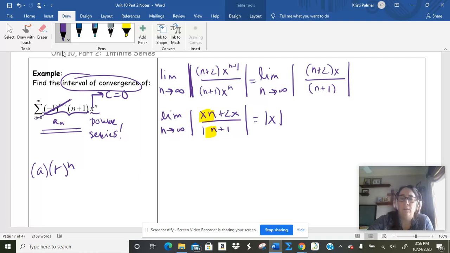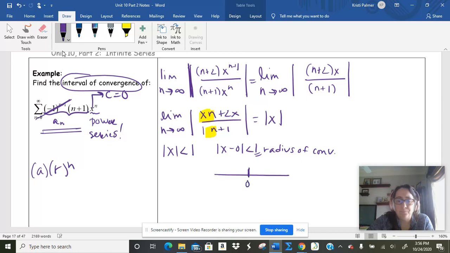So we know that we're looking for where it converges. We are centered at 0, so I know that this guy is my radius of convergence. So I'm centered at 0, and I go out to 1, and I go back 1 to -1, and everything in here is absolutely convergent.